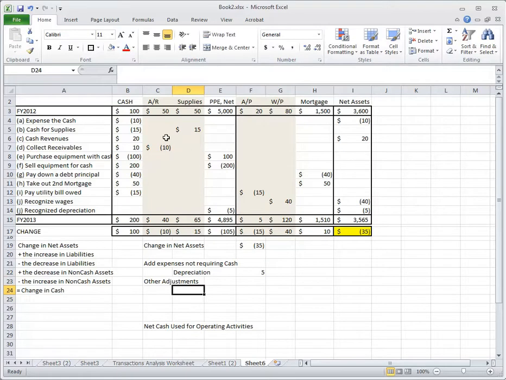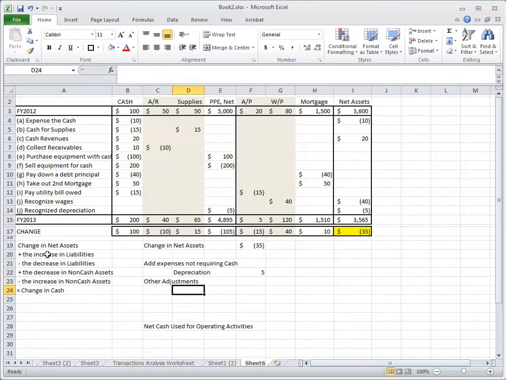It would have been a revenue in a prior time period. And then this cash for supplies. So those are all events where we need to make an adjustment from what the net asset value shows to what the cash value shows. And those adjustments are what we dealt with in the other video.